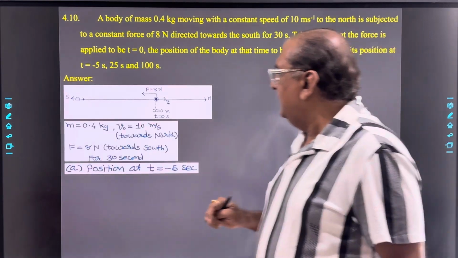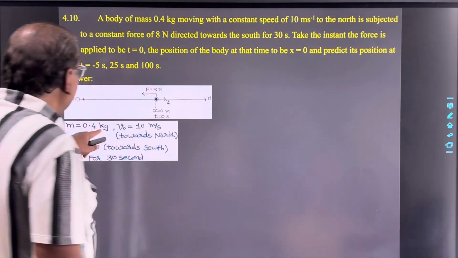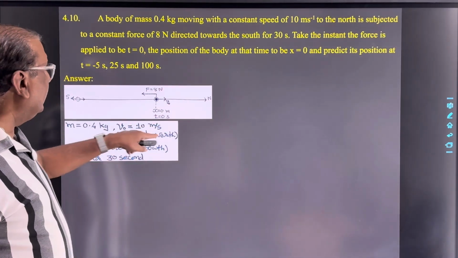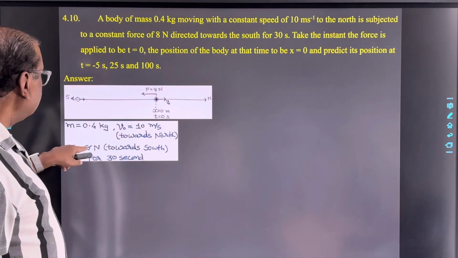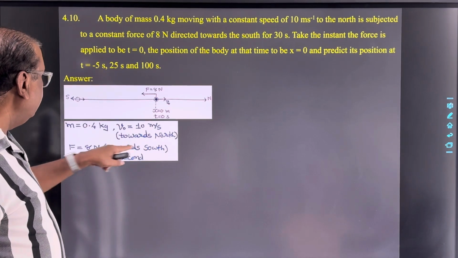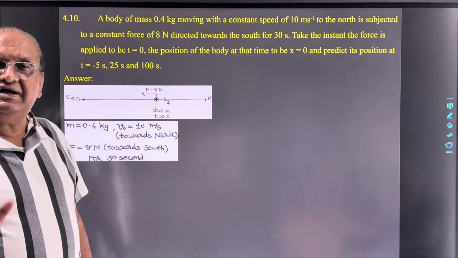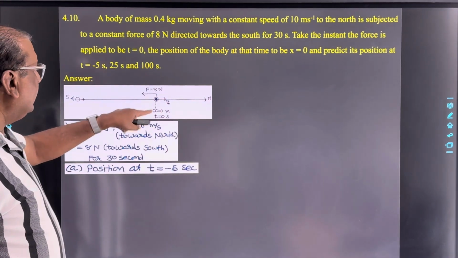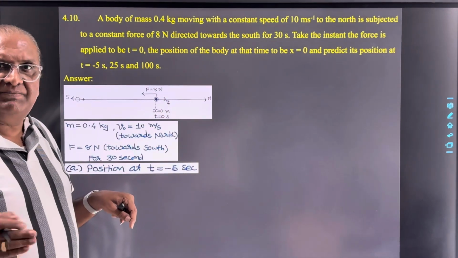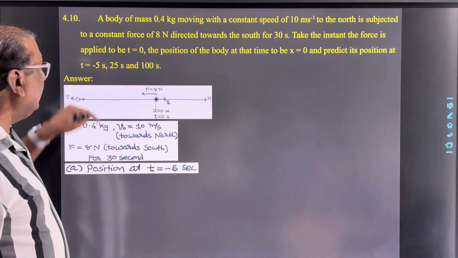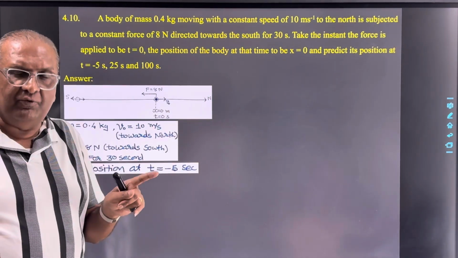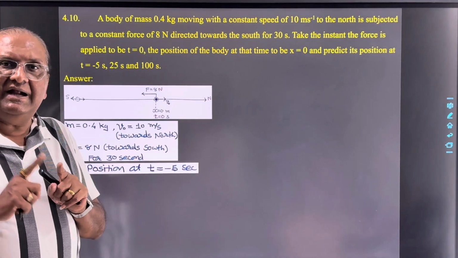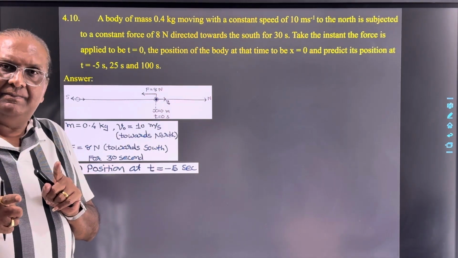Now see here. Mass that is given to you 0.4 kilogram, initial velocity 10 meter per second towards north. Force is applied 8 Newton towards south, and that is for 30 seconds. Now at t equal to 0, the force is applied. When we calculate the position at minus 5 second, at that time there is no force. So at that time the body is moving with constant speed.